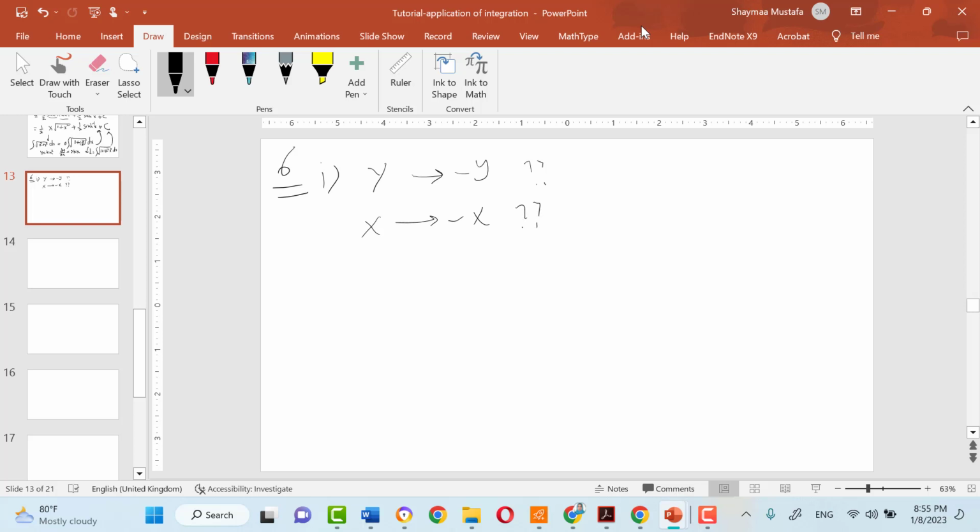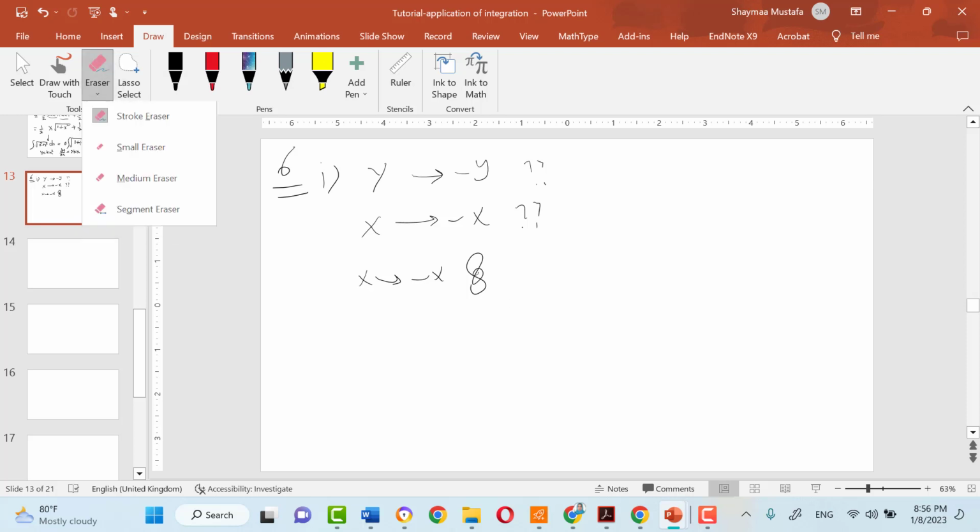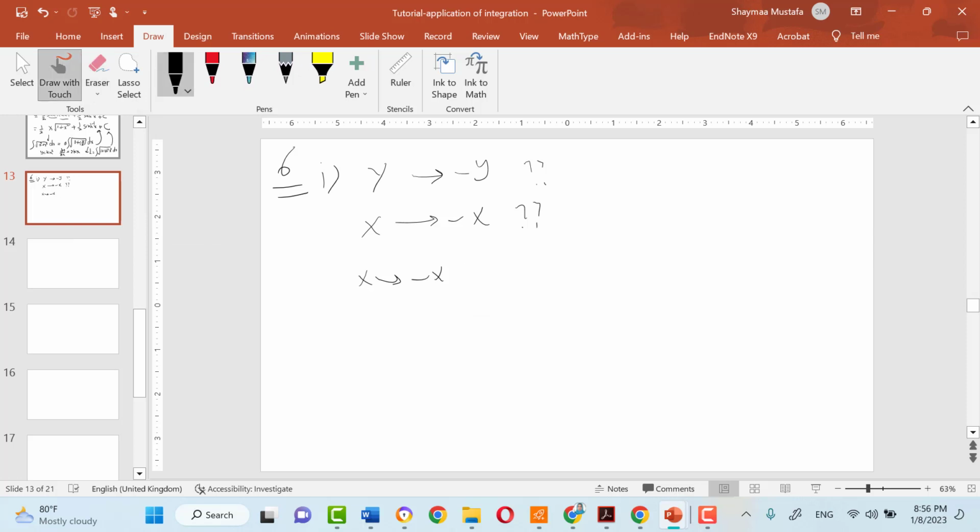To show that it is symmetrical around the origin, you need to change both x by minus x and y by minus y. So this is to show x-axis symmetric. This is to show y-axis symmetric. Both of these are to show origin symmetric. So you need to check by yourself.